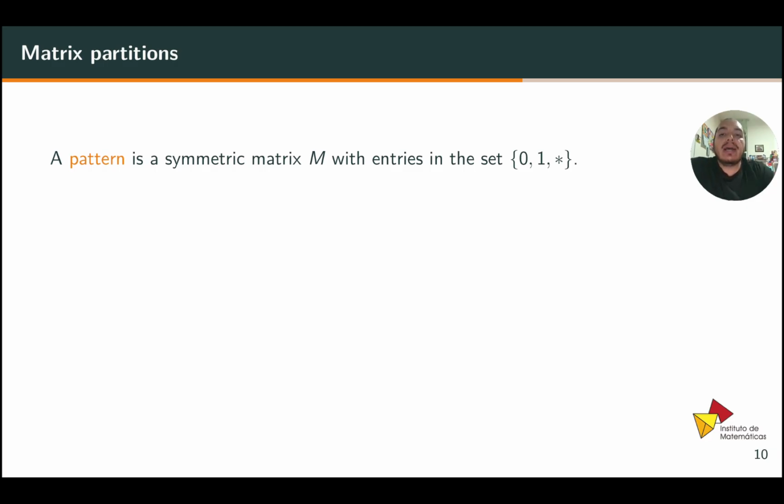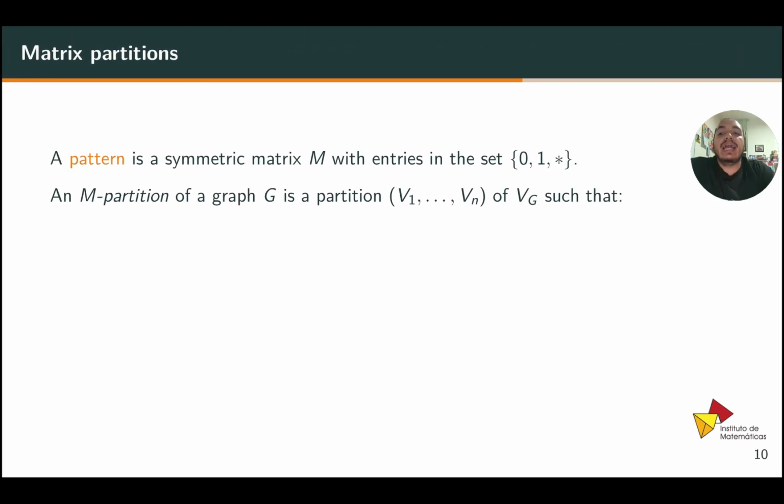Now, if we have a pattern of size n times n, an M-partition of a graph is a partition, let's say B1 up to Bn, of the vertex set of G, such that if Mij equals 1, then the part Bi is complete to Bj, meaning any vertex in Bi is adjacent to all the vertices in Bj.